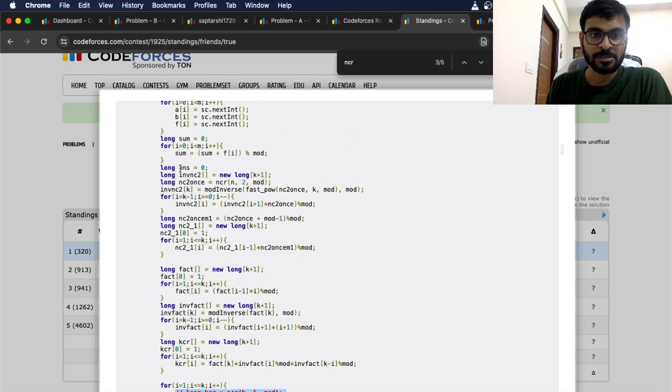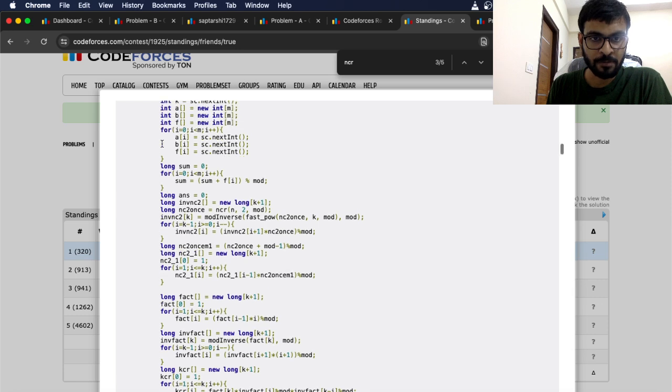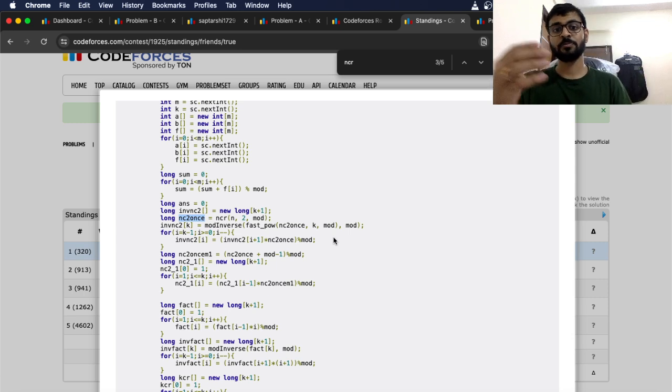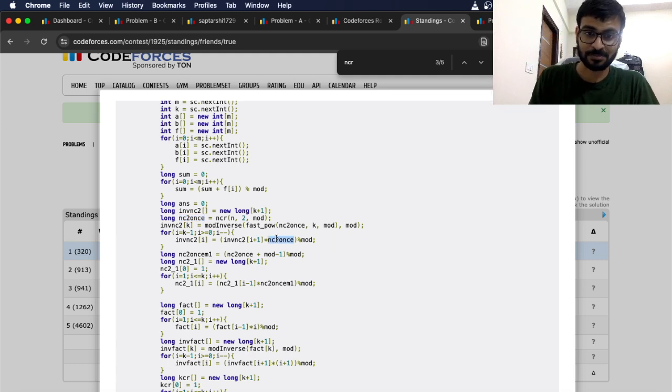For mod inverse, if I go one by one, I had calculated the sum, then I calculated the inverse of NC2. I basically said, let me first find this particular inverse, NC2 to the power k, and then the inverse of that, or basically NC2 to the power minus k. Then I multiply that by NC2 once. I am not dividing, I am multiplying to get NC2 to the power minus k plus 1, minus k plus 2, and so on.